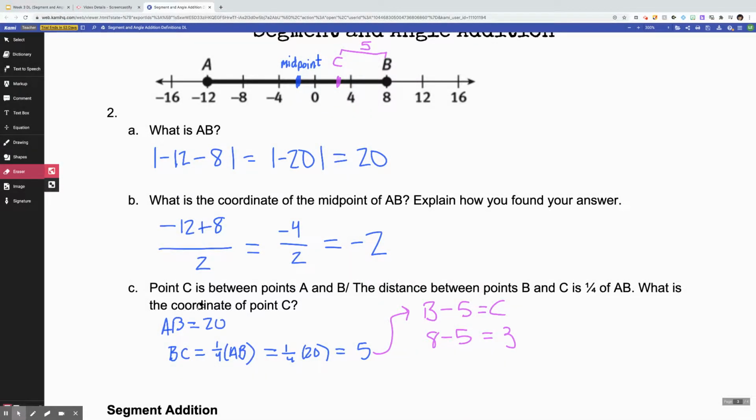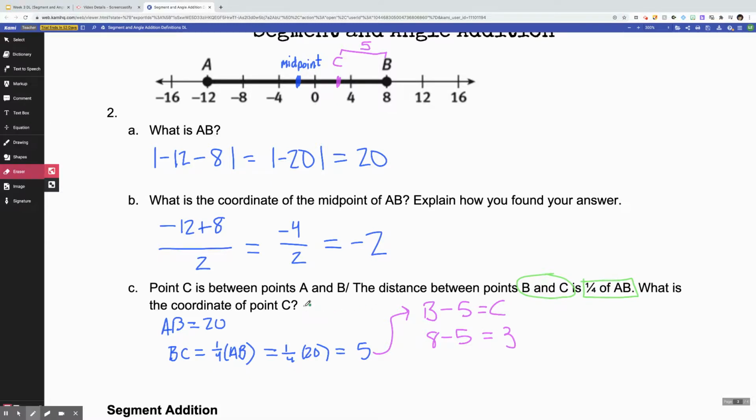Okay. Last one, point C is between points A and B. So somewhere between A and B, we don't know exactly where. The distance between points B and C, this is important to note, is 1/4 of AB. So we're going to follow a similar process to what we did on number 1 in this video.